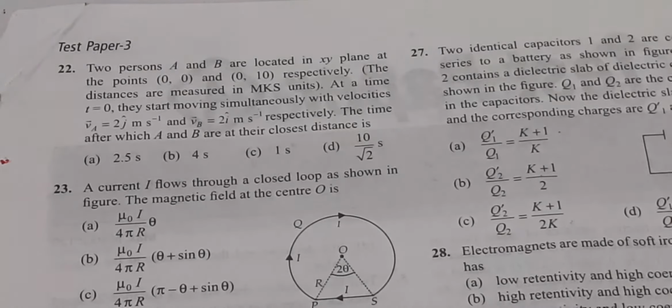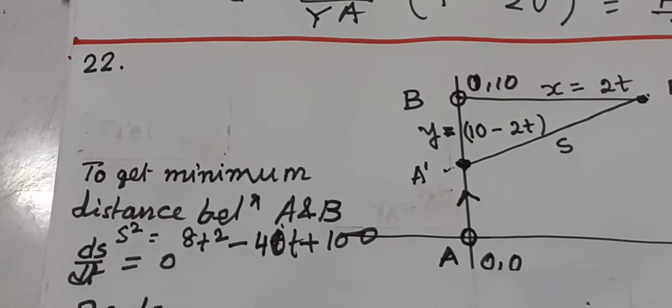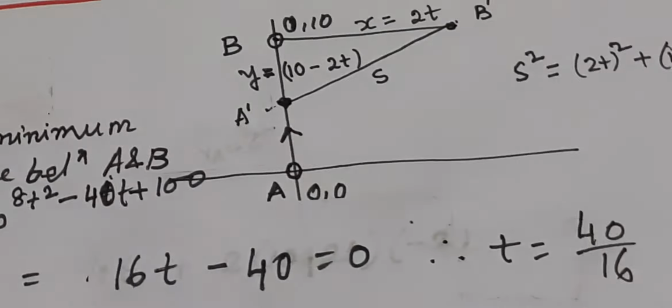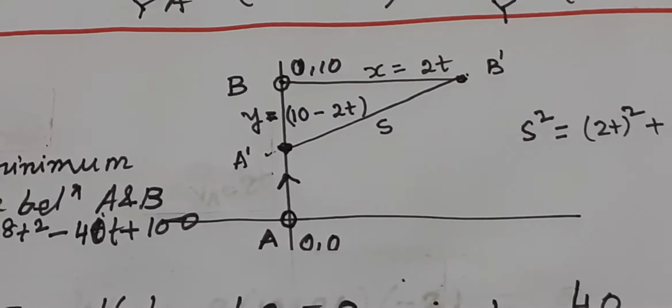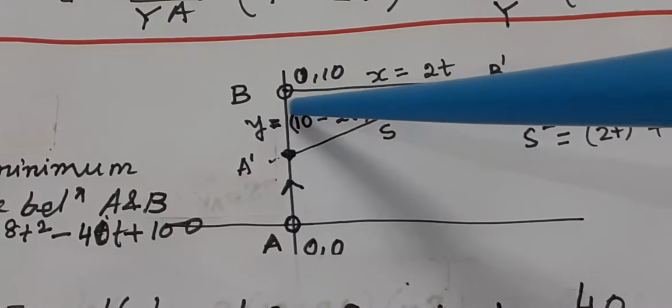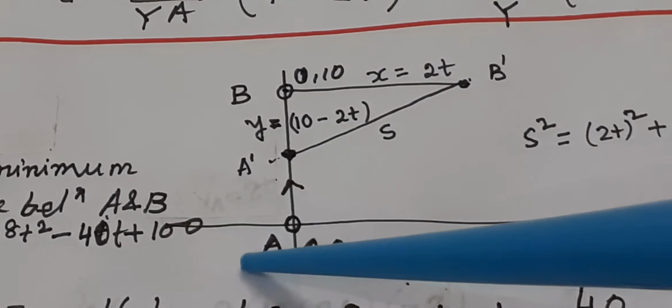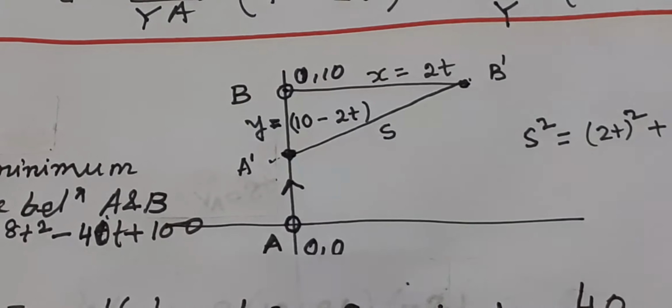Now let us see how we can solve this problem. Here you can see A is present here, B is present here, 0, 10. And they will start together simultaneously at the same time.